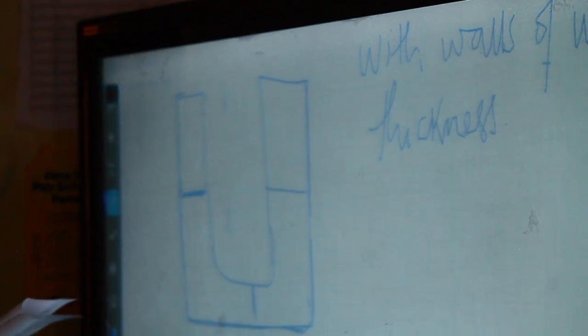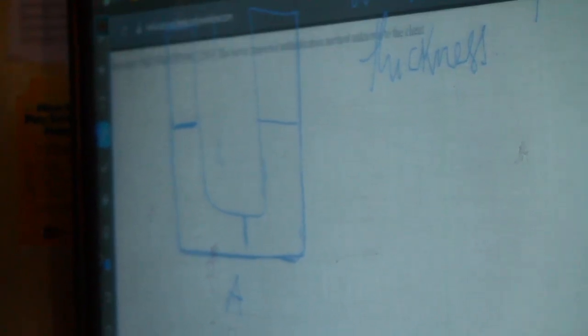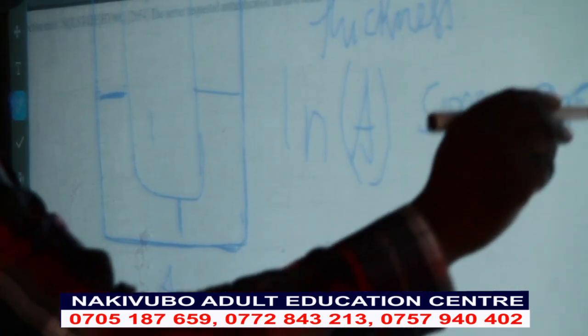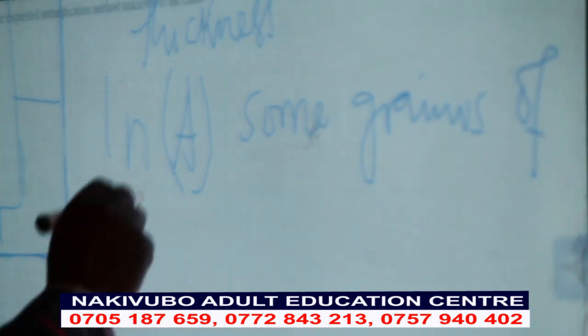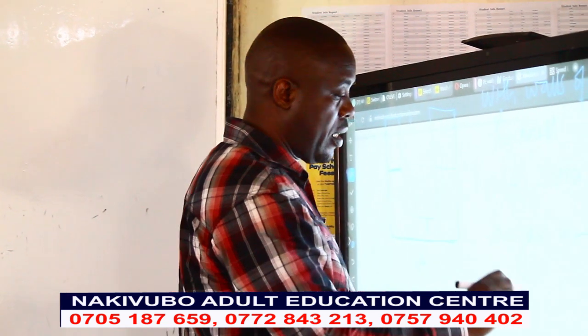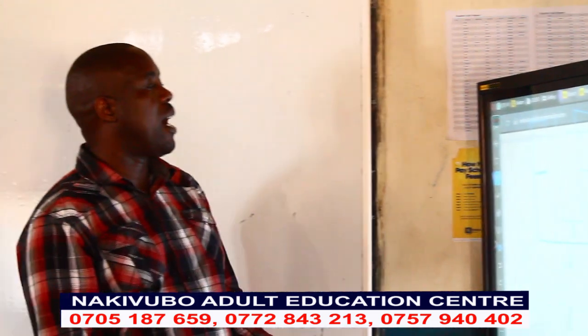We shall call this one A, another one B, then the third one will be C. In A, some grains of sugar are placed in the cup.